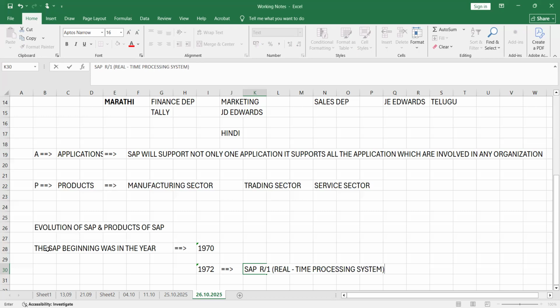What is R1? It's a real time processing system. This is the first product of SAP. What is the first product? R1.